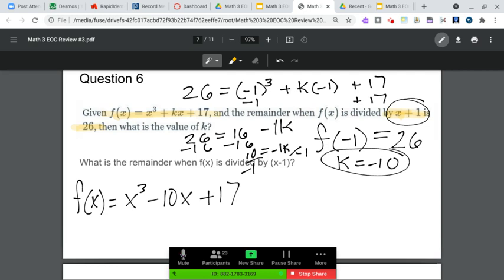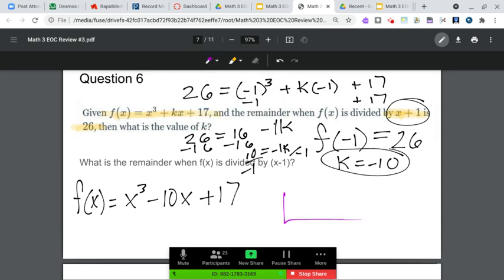All I did was solve for k, plugging negative 1 into the function for x, setting it equal to 26. Now I'm going to use synthetic division to find the remainder when the polynomial is divided by x minus 1.